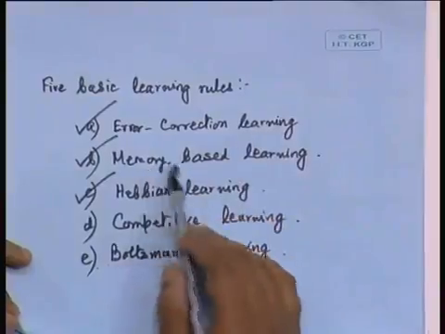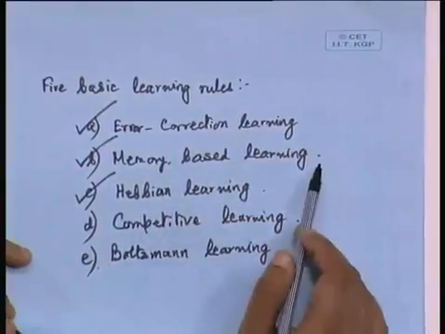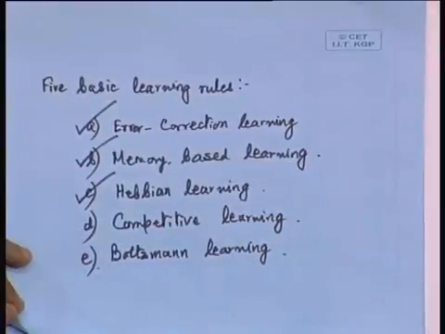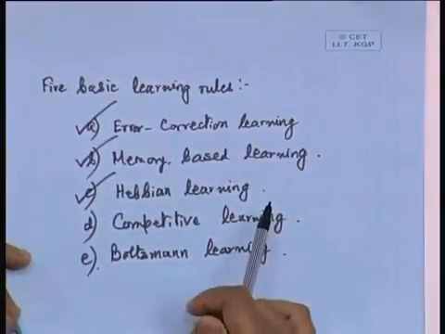In fact, as you had seen in the last class, we can define 5 basic learning rules. Out of that, error correction learning and memory based learning we have already discussed, and it was Hebbian learning which we were considering towards the end of the class.